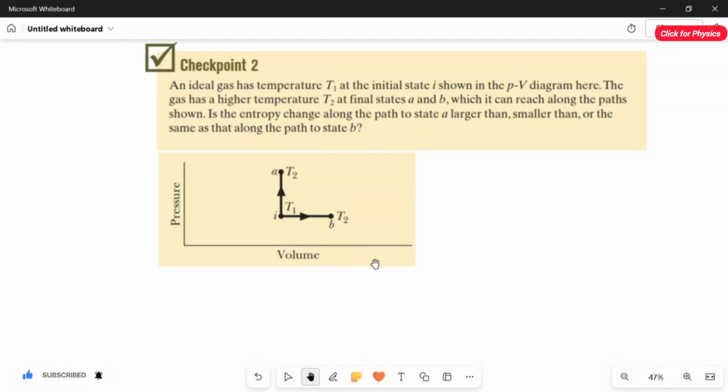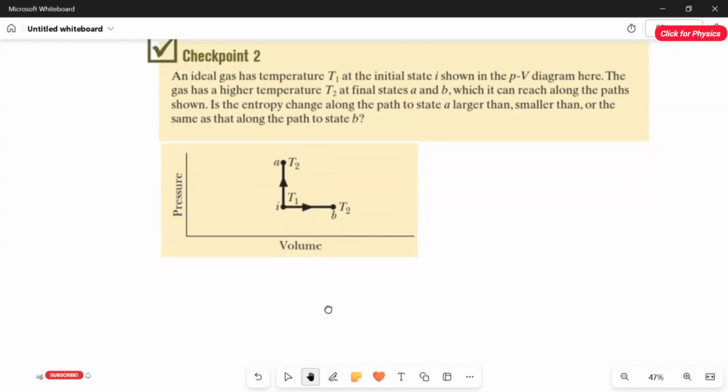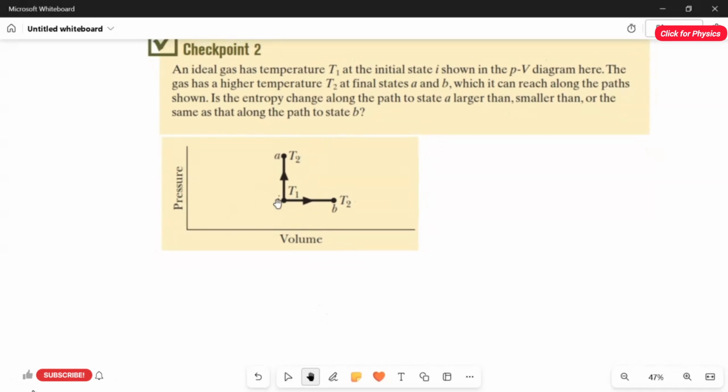So for that, we can see the PV diagram. Let's consider process B, that means I to B. In process B, you can see the process is exactly isobaric. So let's consider this part, from I to B. At point I the temperature is T1, at point B the temperature is T2.